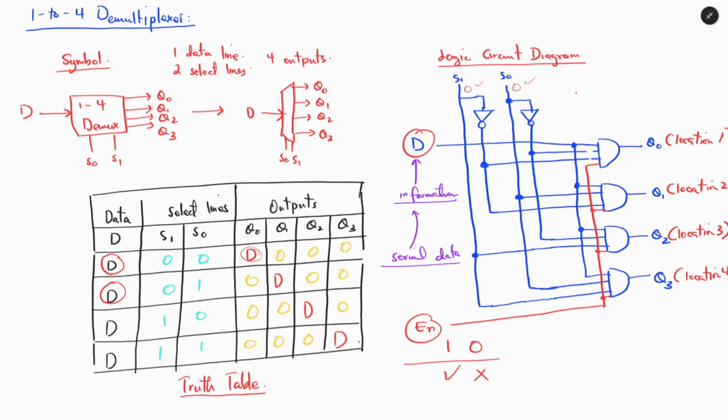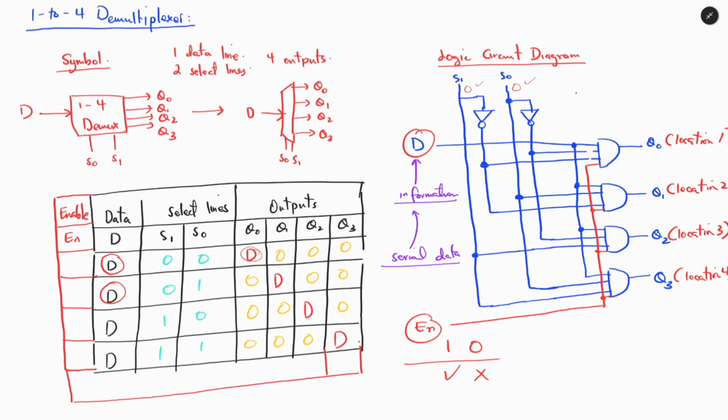And also, we can modify the truth table such that now we have another column, which is the enable, EN, and we can have more rows.